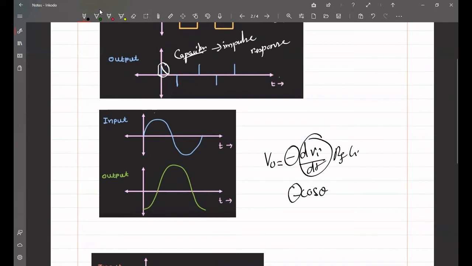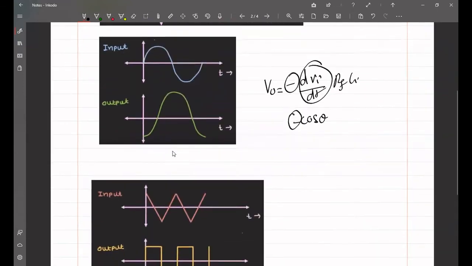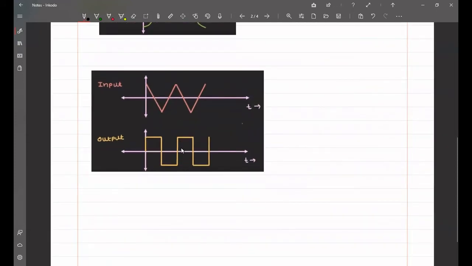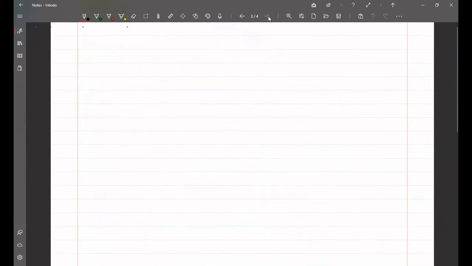Since we have the negative sign, minus cos theta will be considered. So it is a 90-degree phase shifter. It will start from the negative peak and flow like this. So this is the corresponding differential output for a given sinusoidal input. And similarly, for a triangular input, you will get a square output. So these are some of the applications of the differentiator circuit.